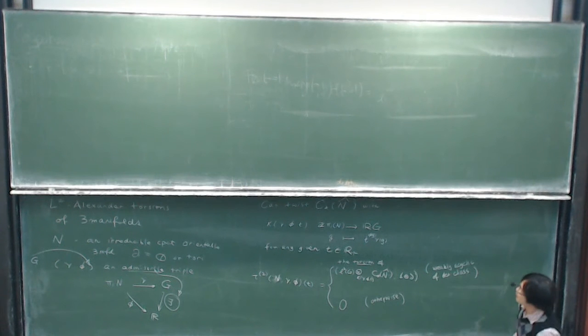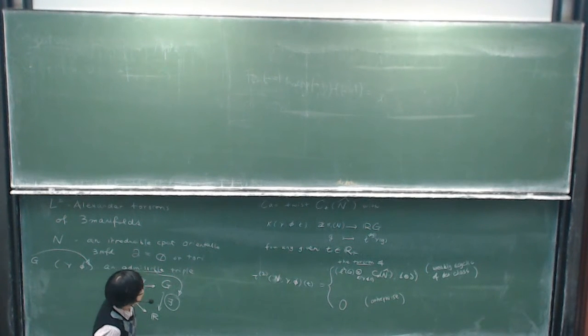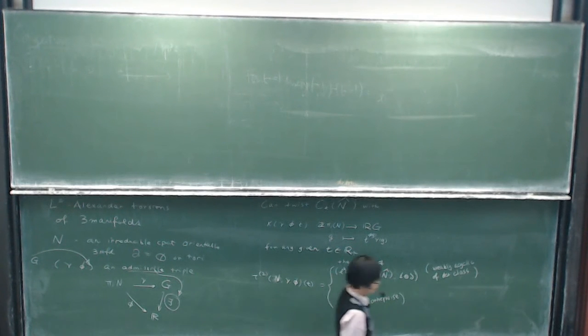So this is basically our definition of the so-called L2-Alexander torsion, which is associated to the specific twist here.